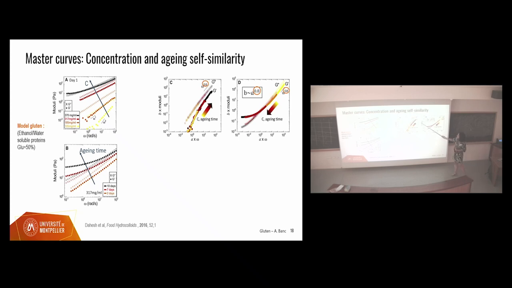We can identify a power law regime at high frequency with a power law exponent of 0.8, which is the same exponent that we found if we plot the shifting factor B versus A. We found the same power law evolution.